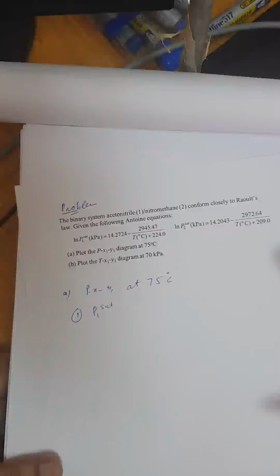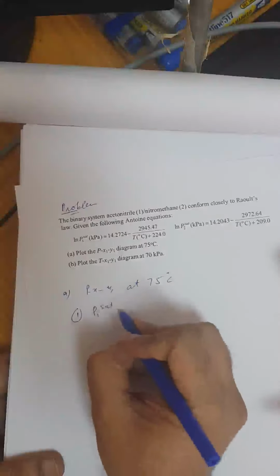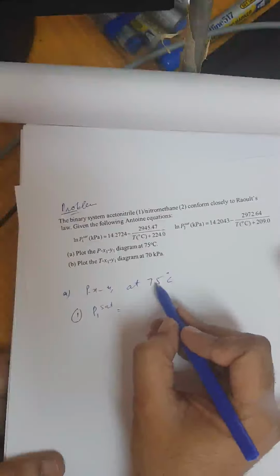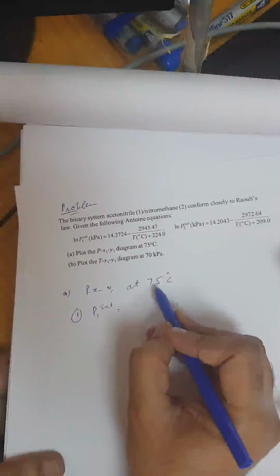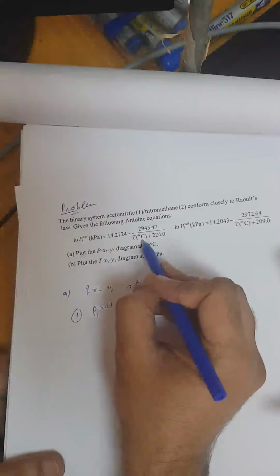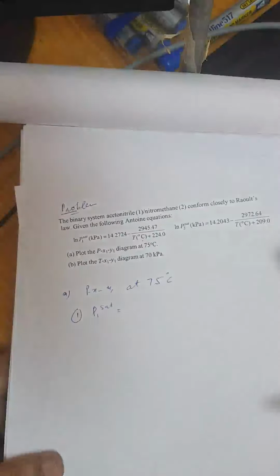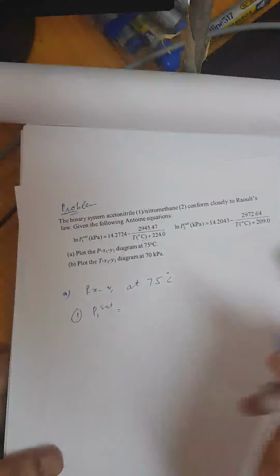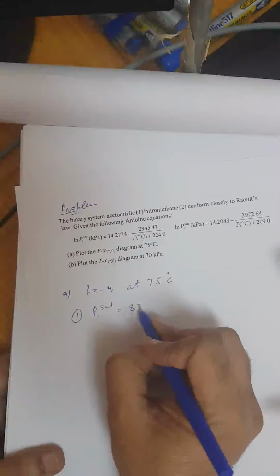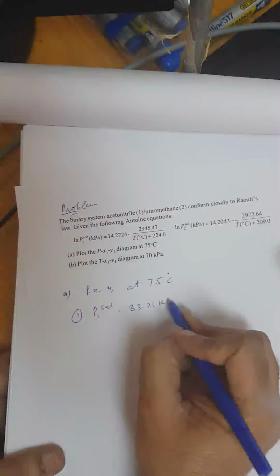Before that, P1 sat, if you substitute using the Antoine equation, which we already discussed in chapter 6, just plug in the values over here and take the anti-log, it will give you the answer. Let's say it comes out to be 83.21 kilopascal.